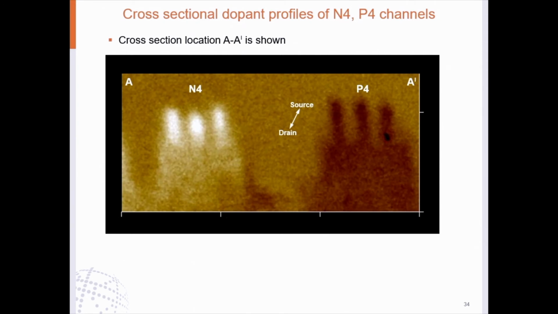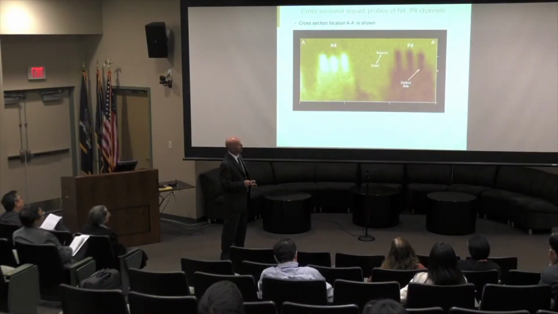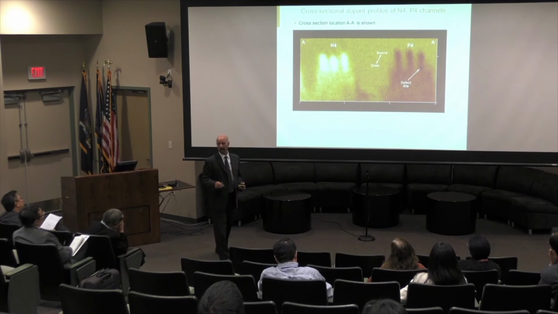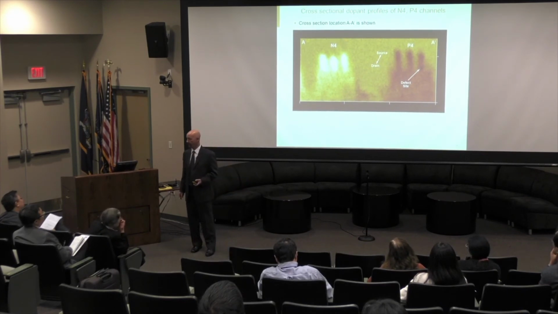Now, this is the first time that these images have been seen in public. Here are our N-type fins, and here are our P-type devices. Our source and drain goes in that direction, and lo and behold, there's a little spot right there in one of the fins.